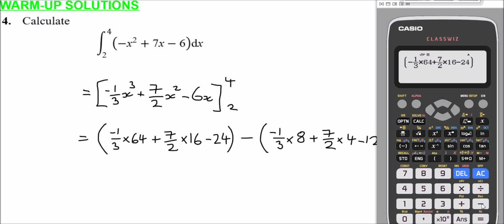And from that, we're going to minus off, again all in brackets, minus 1/3 times 8, plus 7/2 times 4, and then minus off 12. And we get 34/3.